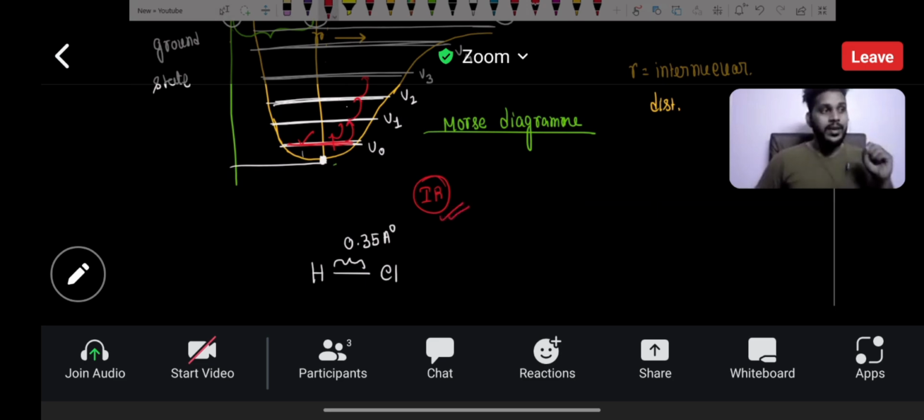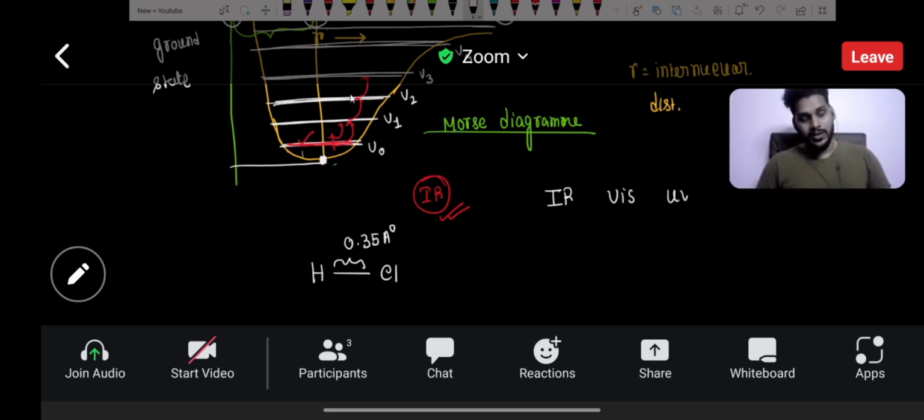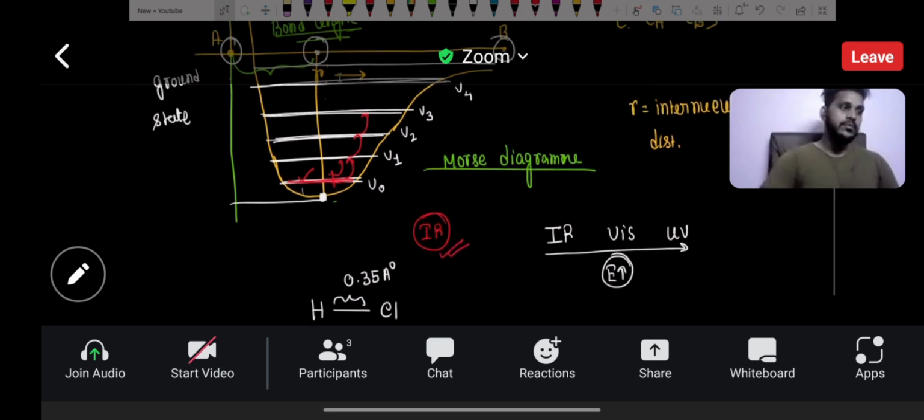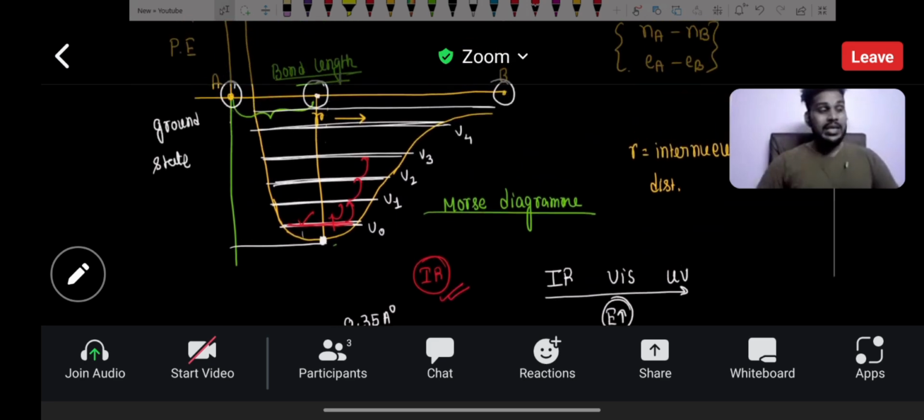By the way, I guess we all know that with respect to energies, infrared has the lowest energy. After that, we have the visible energies. Then we have the UV energy. So from left to right, the energy is actually increasing, isn't it? Now, what would happen if I give them UV level of energies instead of IR?